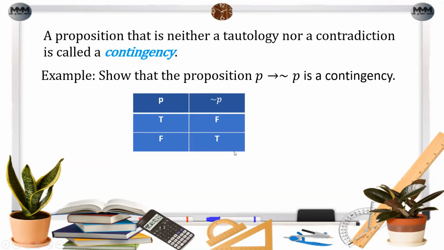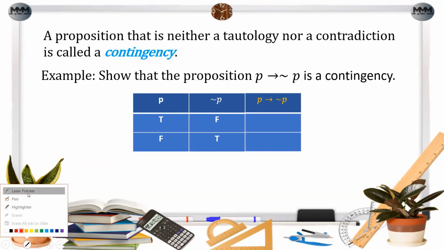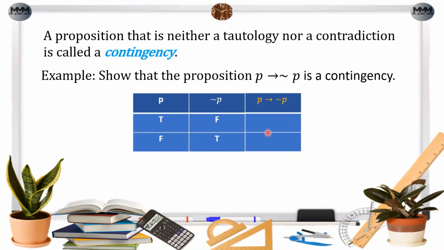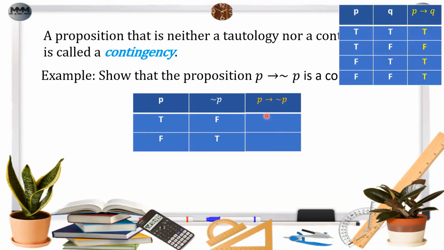So for the compound proposition, if P, then not P, let's try to recall our table. So T, F, again, Q here is the same as not P. So T, F, this is false. And then F, T, right, this one is true.